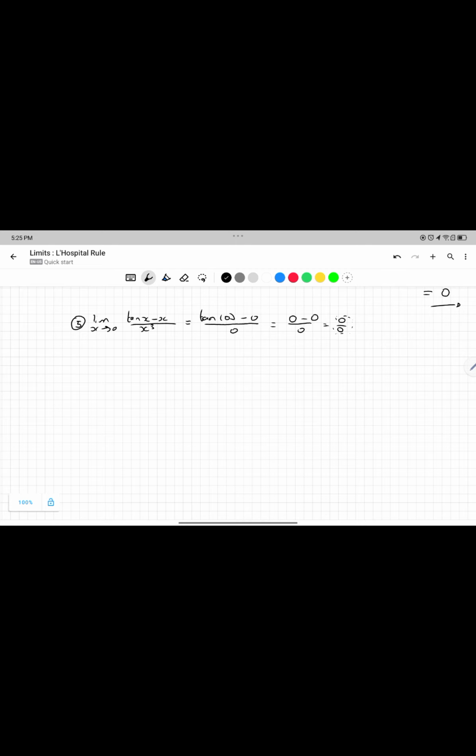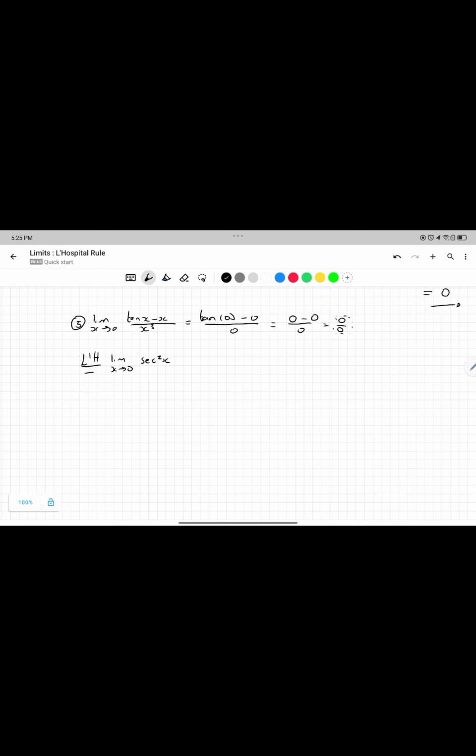So now we are going to use L'Hopital's rule. We differentiate tan x, and when we differentiate tan we get secant squared x.